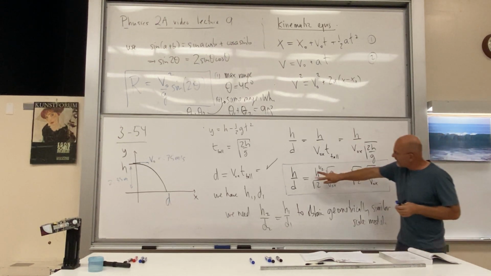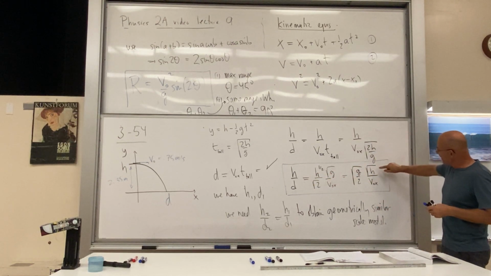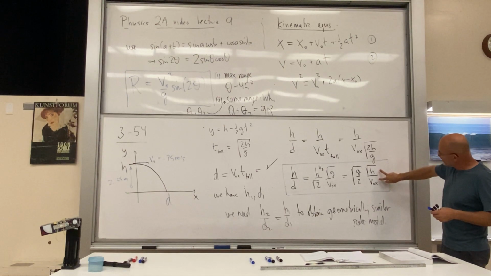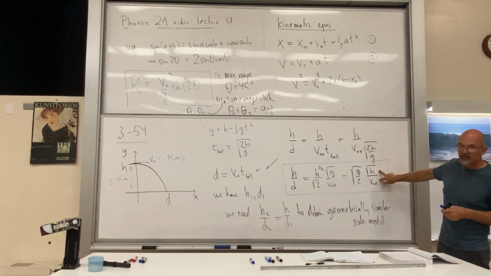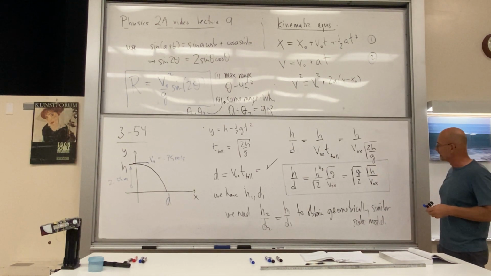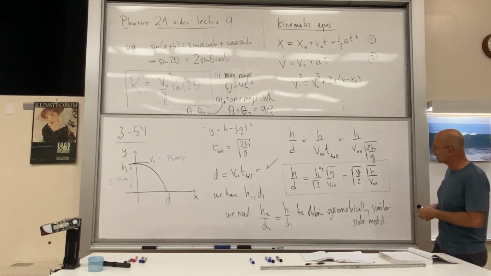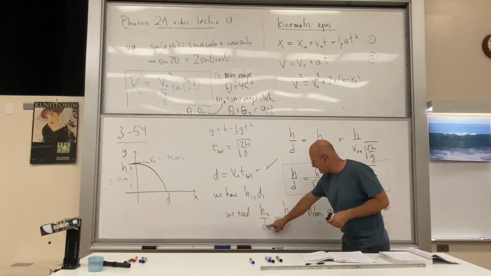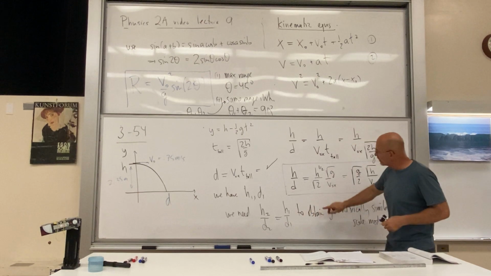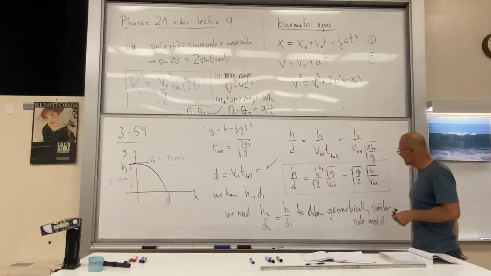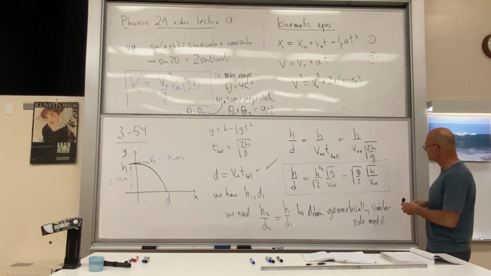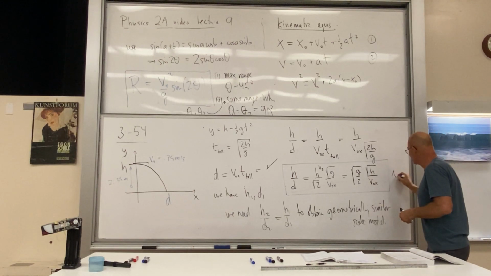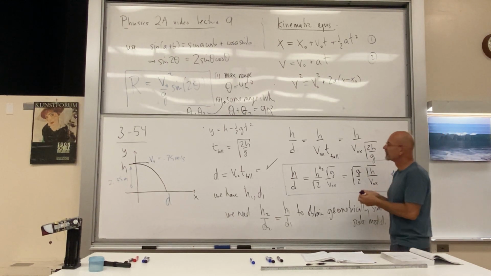And once you've determined this constant, then you scale your new quantities according to this side of the equation right here. Because when I said H2 over D2, H1 over D1, that means this ratio has to stay constant. Okay, good. There you have it.